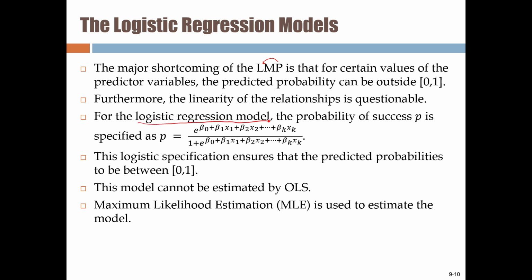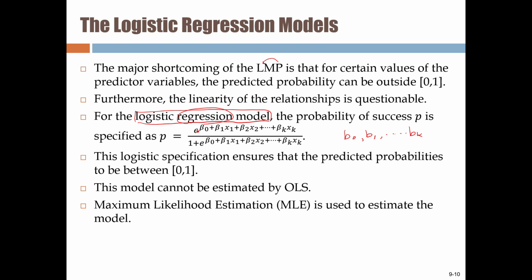So the logistic regression model still uses regression techniques, because we will find beta 0, beta 1, and so on up to beta K. But we will set the probability in this way.